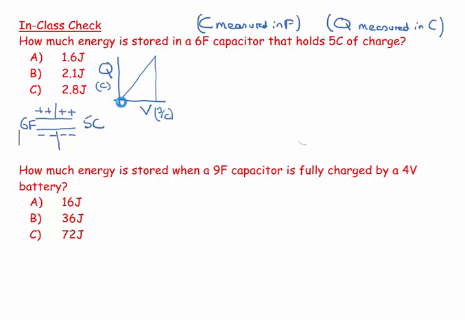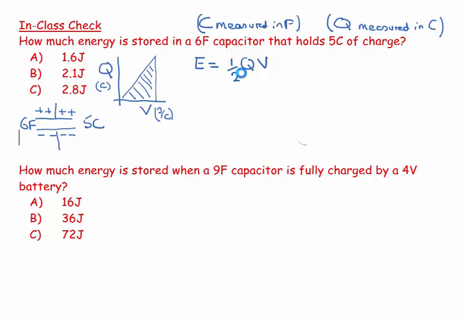So if I take the area under the graph, I have joules per coulomb multiplied by coulombs, which gives me joules. That's where my energy storage is. So just by looking at the graph, my energy, let's call it E, is equal to, it's a triangle, so it's a half Q times V.